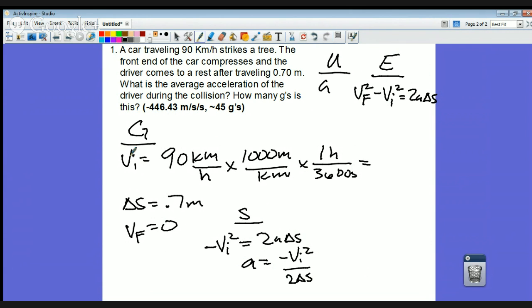So you just have to figure out what Vi is in meters per second, which, I don't know, what's 90,000 divided by 3,000? That's 30. I'd have to get a calculator out.